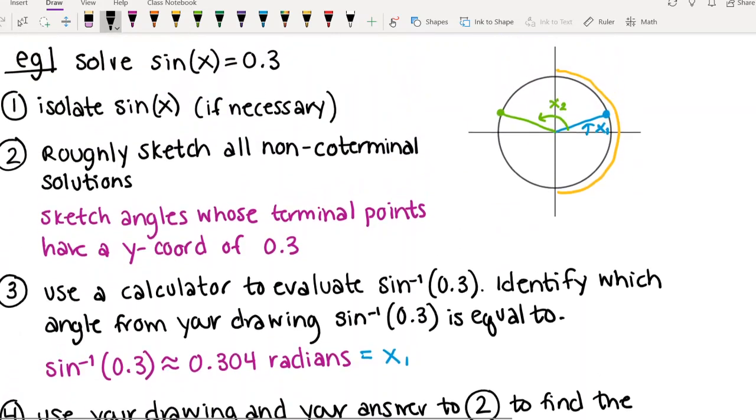Okay, so let's look at this picture. We just figured out that this first angle here, x1, is equal to approximately 0.304 radians.